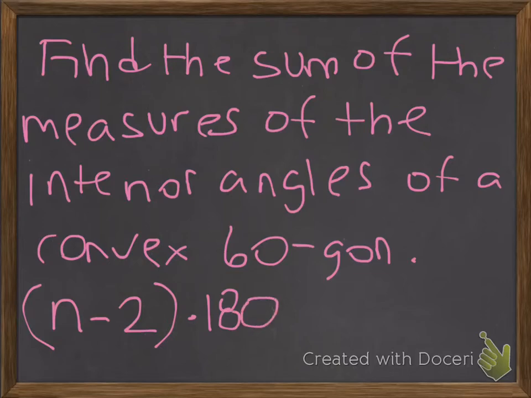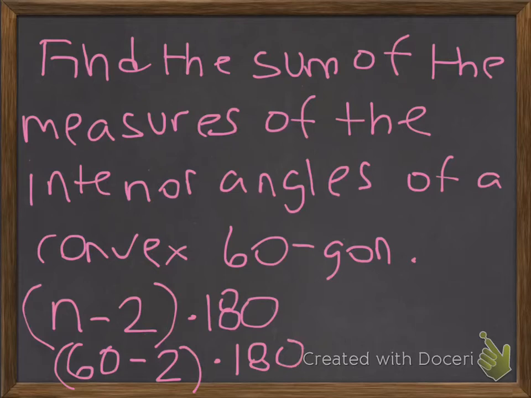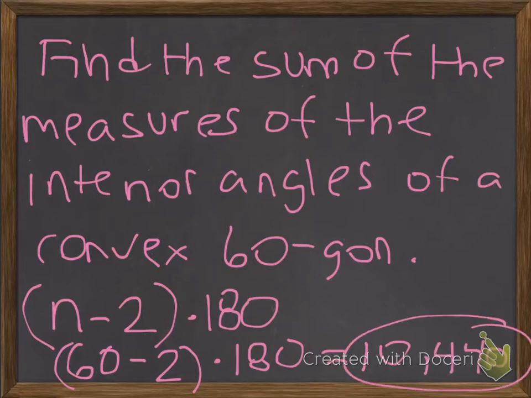So if it's a sextagon, we're going to take 60 minus 2 and multiply that by 180. So we're going to take 58 and multiply that by 180, and we get 10,440 for the sum of the interior measures of the angles.